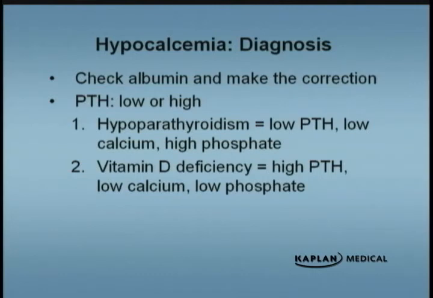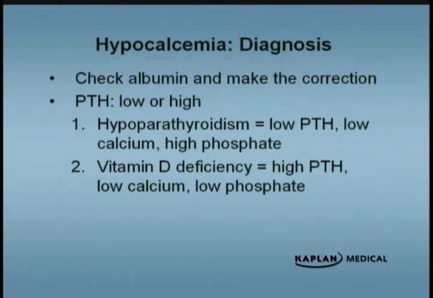So the first thing you want to look at is, is this true hypocalcemia, or is it an effect from the low albumin? Maybe this patient has some reason to have low albumin, and this is why the patient developed hypocalcemia, and it's not really true hypocalcemia, it's because of the low albumin. So the first thing we do is we check the albumin, make the correction. If the correction makes the calcium normal, then we don't have to worry about the hypocalcemia. We have to see why the patient has a low albumin and find the cause of the low albumin and treat that.